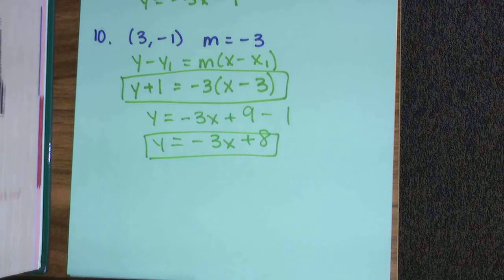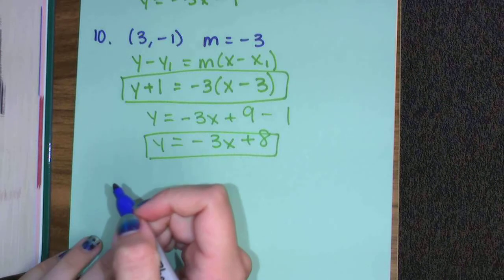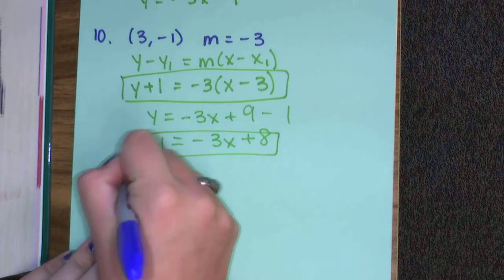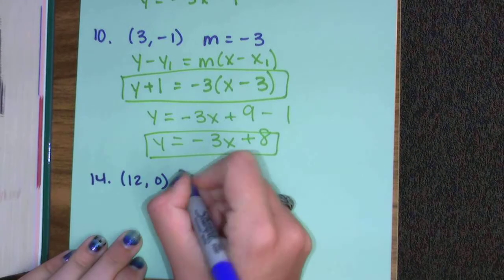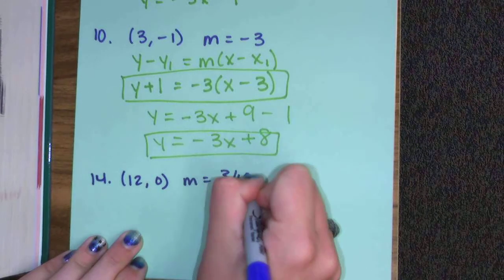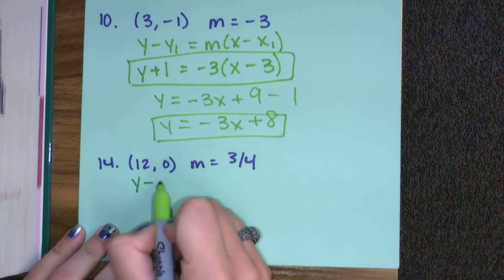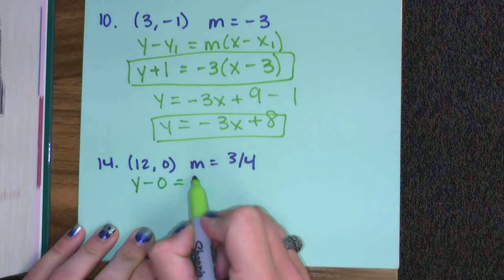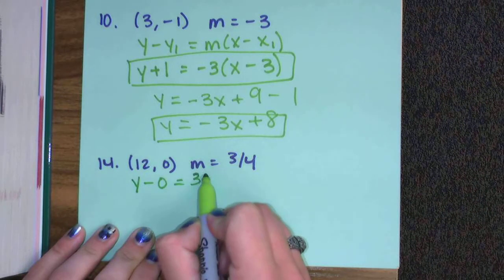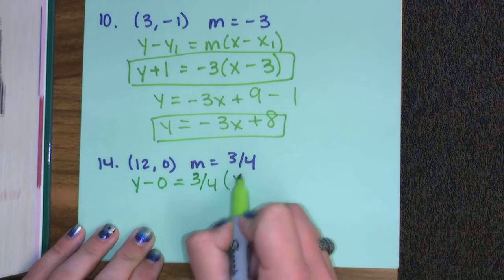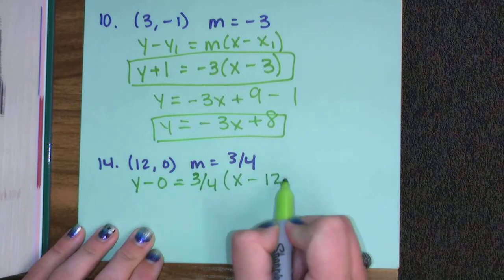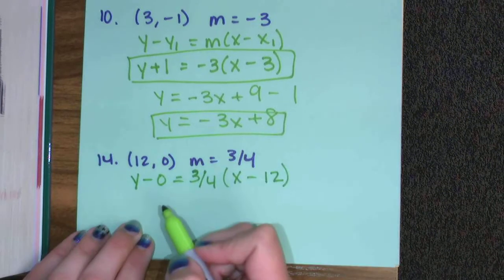Let's see. The point (14, 12) and a slope of 3/4. So what does the formula filled in look like? Okay, and then how do I simplify this?